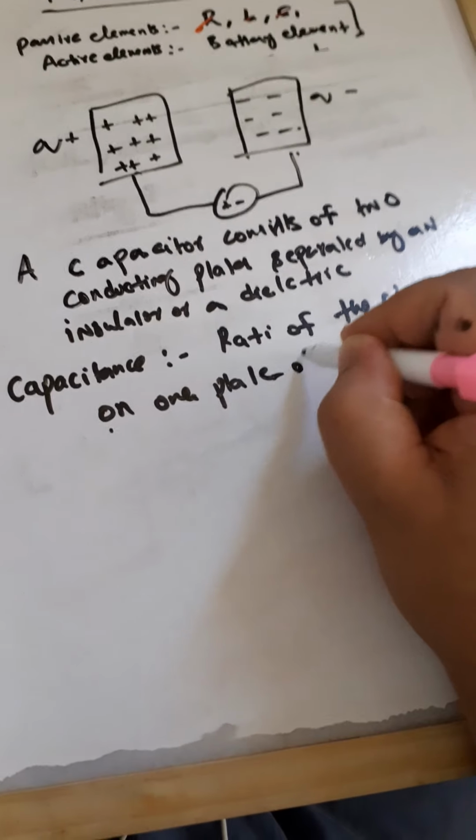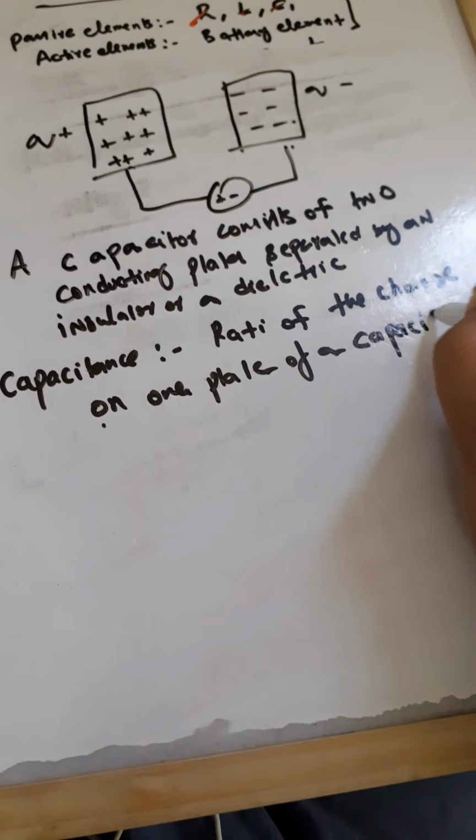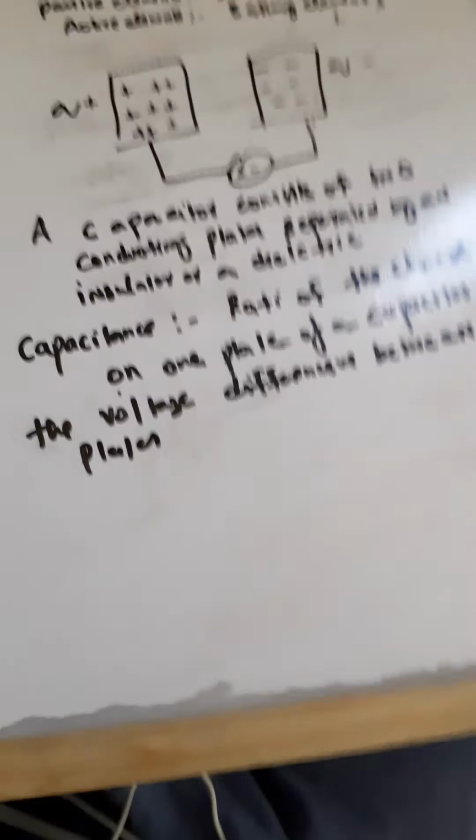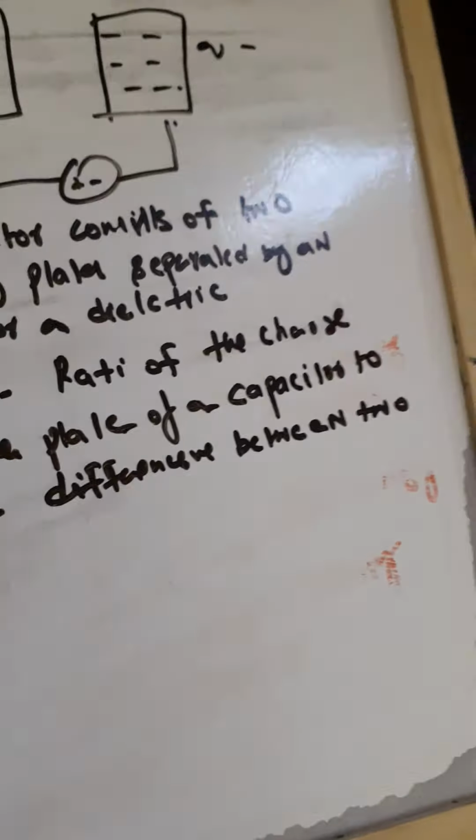You can say capacitance is the ratio of the charge on one plate of a capacitor to the voltage difference between the two plates.